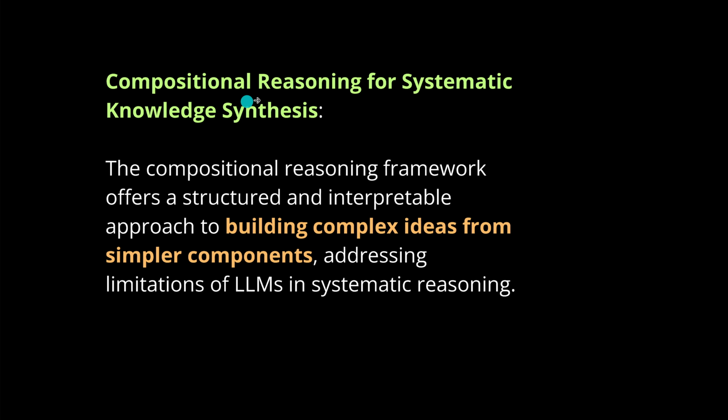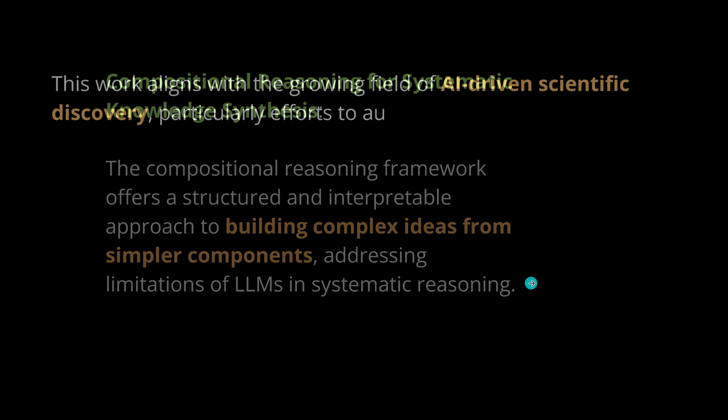Second, compositional reasoning for systematic knowledge synthesis. So building up these complex knowledge ideas from simpler components as provided by our AI agent, the graph can do this and address limitations of the LLM in its own limited systematic reasoning, because it seems that the knowledge graph can represent higher complexities more easily than a neural network or a transformer architecture.